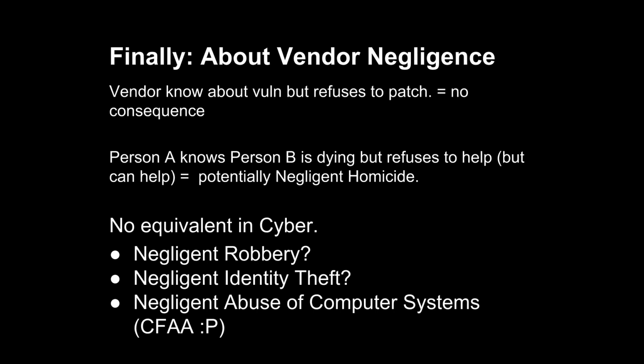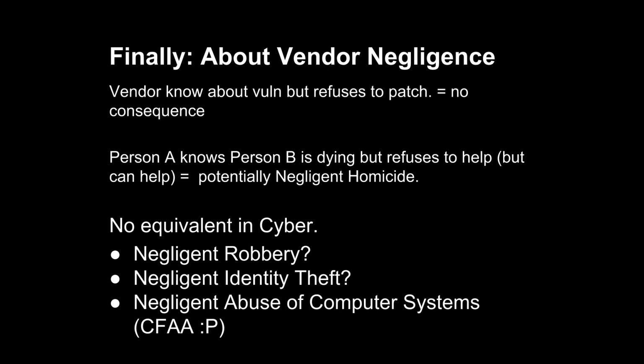If you disclose a bug that, say, affects X% of their products and can lead to customers getting their identities stolen, lives ruined, etc., and they refuse to patch it. They just do not acknowledge it. They refuse to patch it for months, maybe years, and it eventually gets exploited.